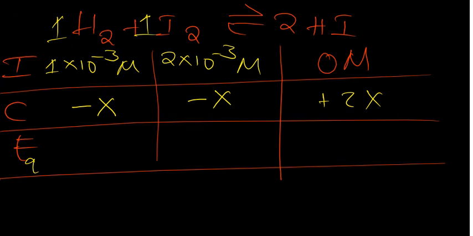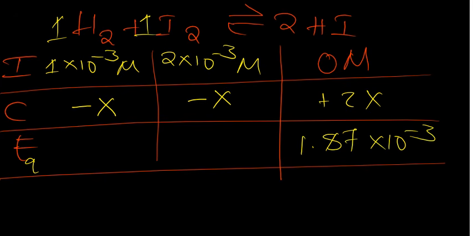That is very, very important and very key for each one of us to understand. So after you've done all that, in most cases they're going to give you one of the final concentrations so that it will help you find the value of x. In this case they gave us a value of the product, 1.87 times 10 to the power negative 3.